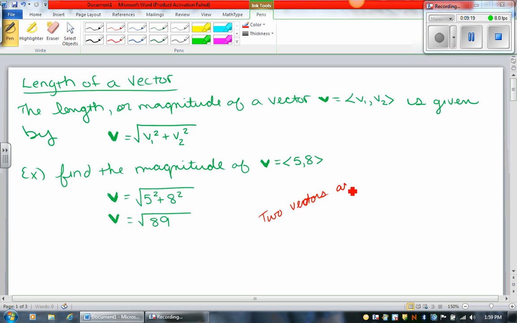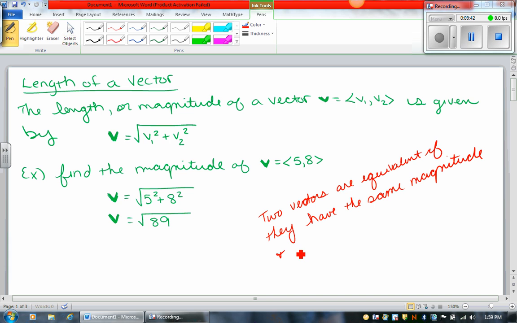Two vectors are equivalent if they have the same magnitude and direction. Okay, so if you're asked to prove that two vectors are equivalent, you're going to have to find the magnitude and the direction to show that they're the same.